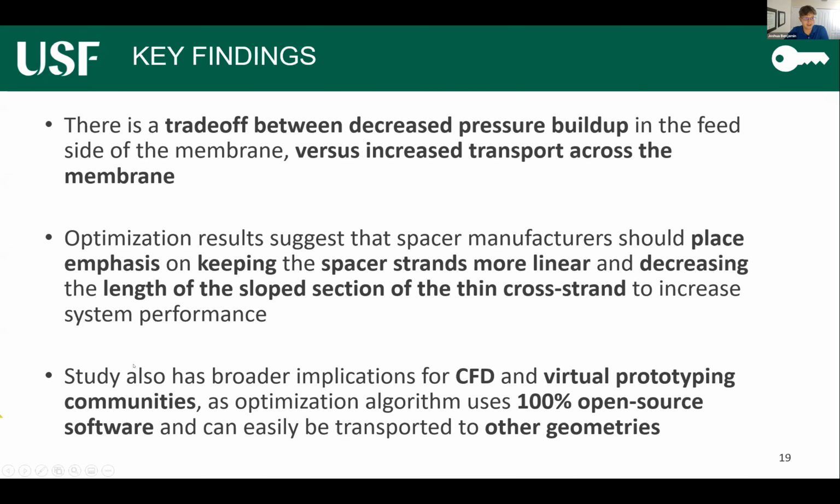And finally, our study had broader implications for the CFD and virtual prototyping communities, as for the algorithm for the optimization, we used 100% open source software for everything that we did. So this could easily be transported to other geometries in case you want to optimize them.